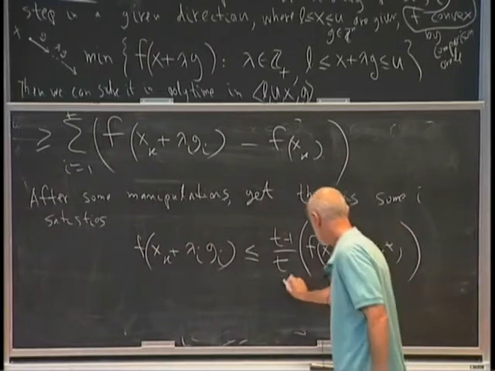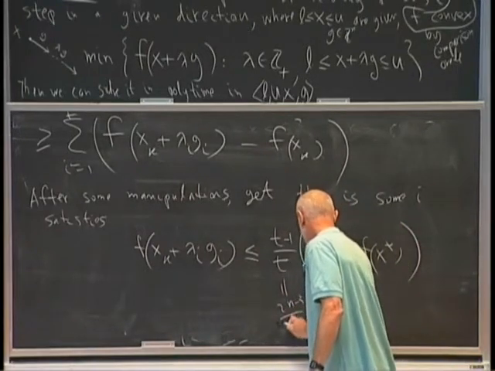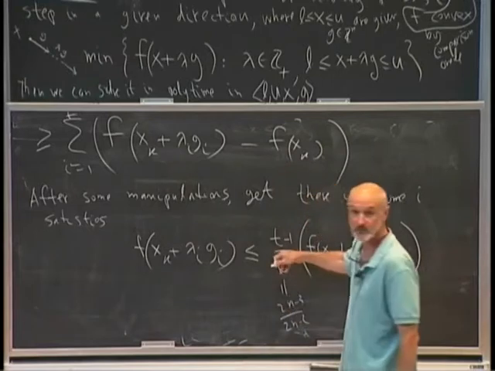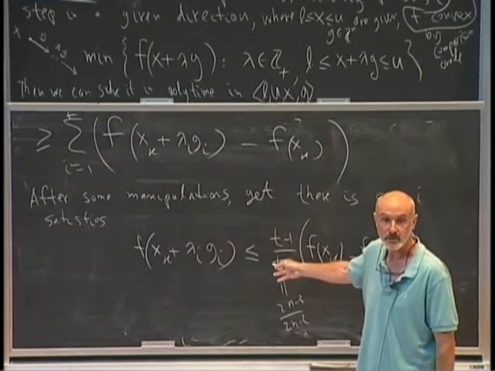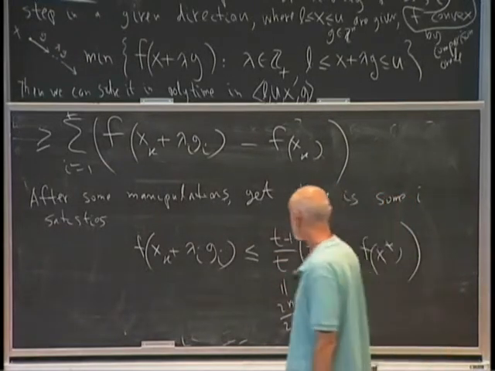Now this is (2n minus 3) over (2n minus 2). If you improve the number, we'll get a better fraction here, but that's not so important.